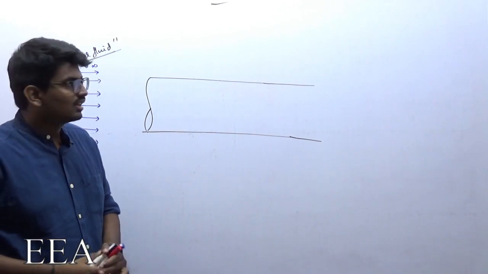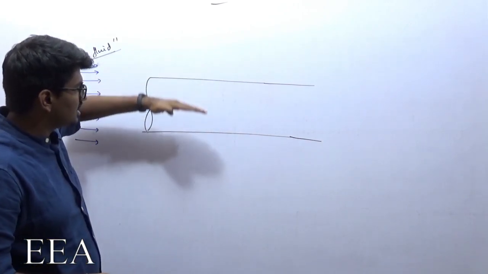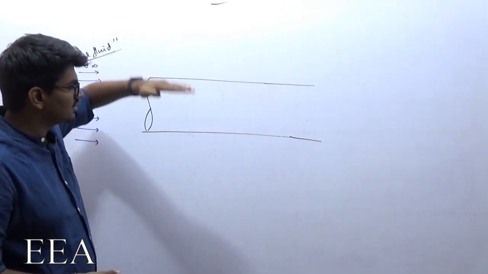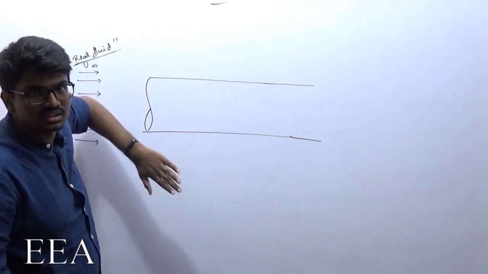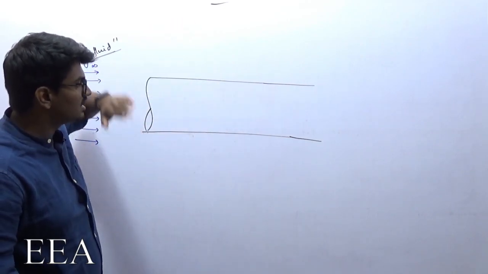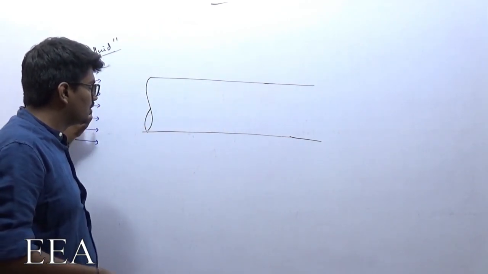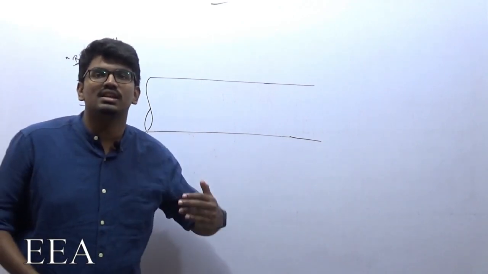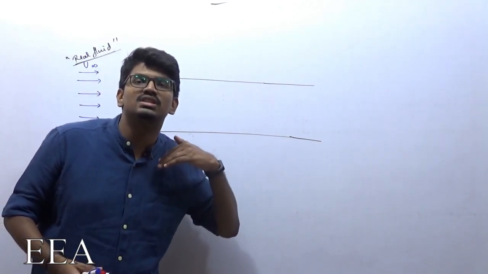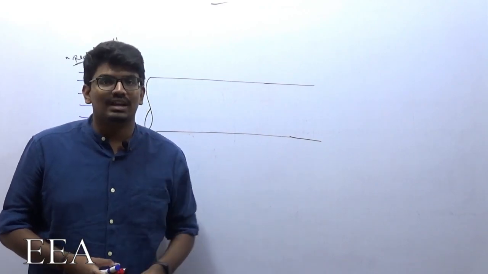There is a top surface, there is a bottom surface, and this is a complete circular surface, a pipe surface, a cylindrical surface. So everywhere it is solid, and this is fluid. Once the fluid comes in direct contact with the solid, what will happen?